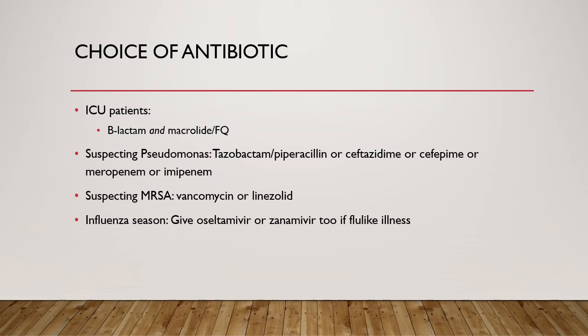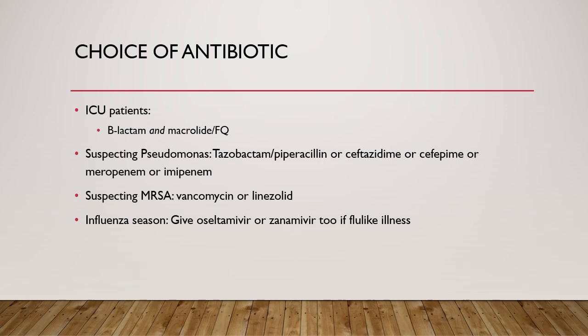For ICU patients, two agents need to be given: one beta-lactam, those discussed earlier, like cefotaxime, ceftriaxone, or ampicillin sulbactam, together with a macrolide or a fluoroquinolone.